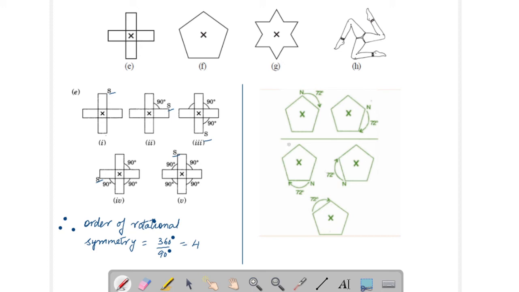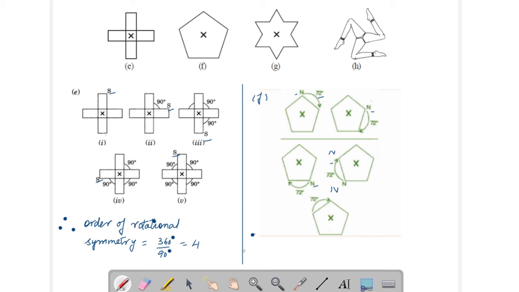Now come to F part. Here take N at this position and rotate at 72 degrees. N will come at this position. Again rotate at 72 degrees. N will come at this position. Again rotate at 72 degrees. N will come at this point. Again rotate and it will come at this point, and again rotate at 72 degrees, it will come to its original position.